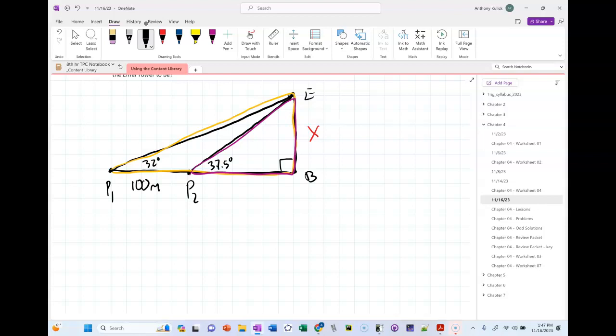Why am I discarding that triangle? It's not a right triangle. Can I do SOHCAHTOA on it? Nope. That's why I'm not interested in it. Everybody okay? So I'm going to redraw these two triangles separately.